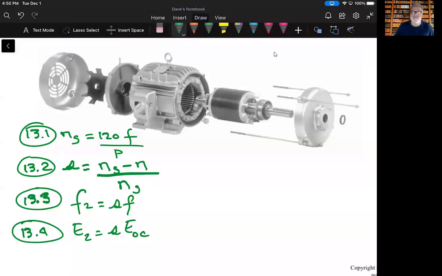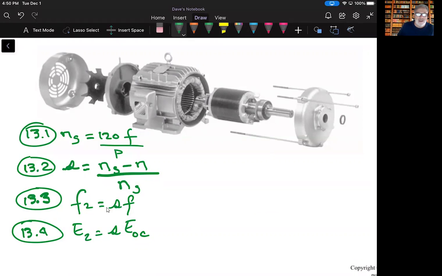The equations we're going to add to 1 and 2 are equation 13.3 and 13.4, and I'll put those up here so we can all look at them. 13.3 says that the frequency of the voltage and current in the rotor in hertz is equal to the slip times the frequency of the source connected to the stator.